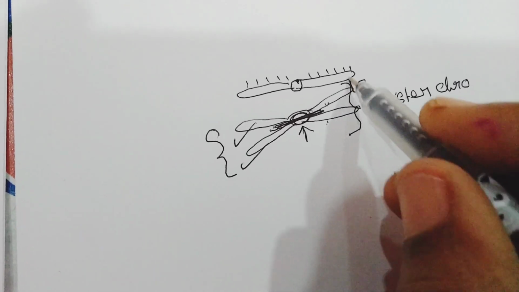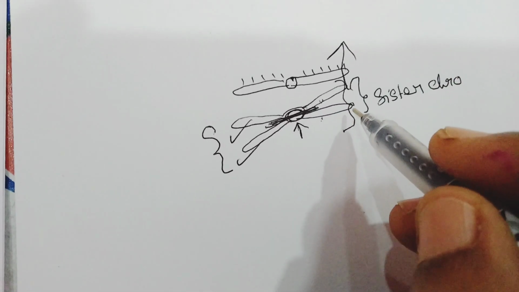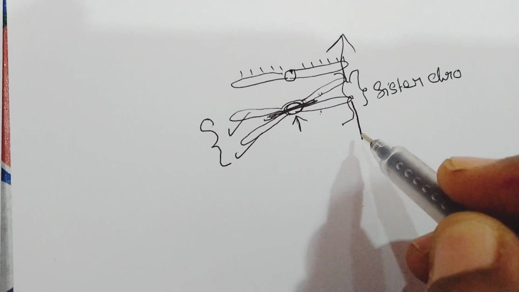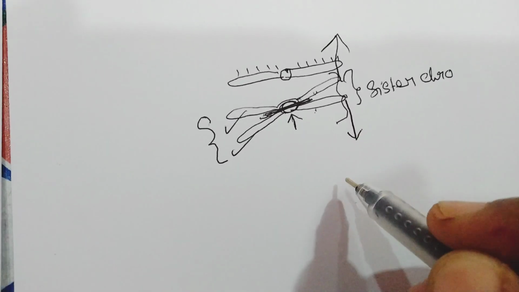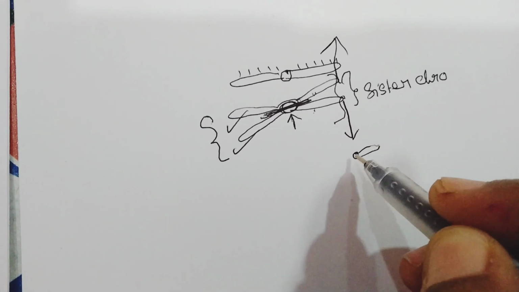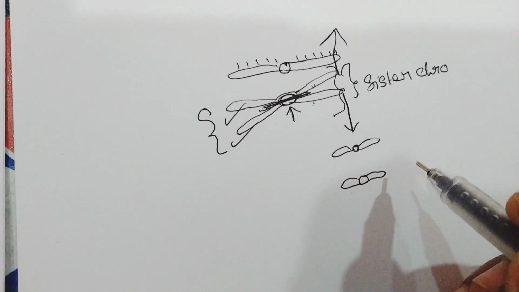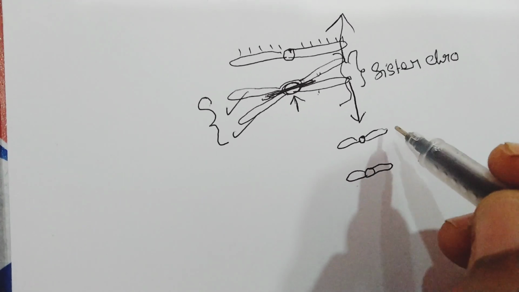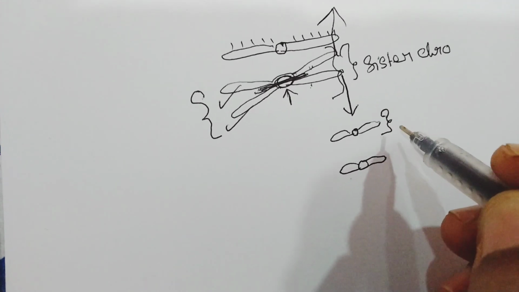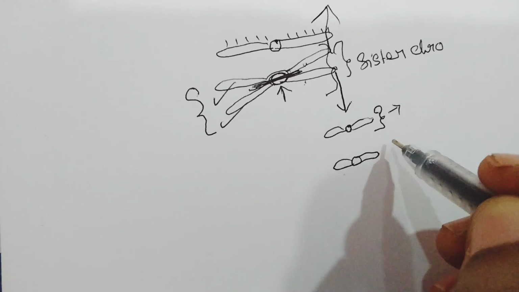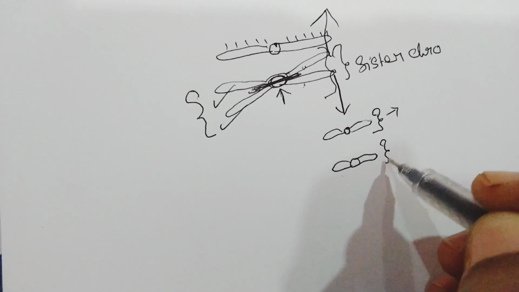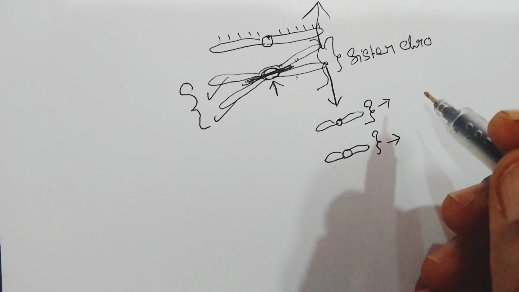One chromatid reaches one pole of the cell and the other chromatid reaches the other pole. So whatever gene content is present in one chromatid will reach one pole, and the other chromatid will reach the other pole. That's it.